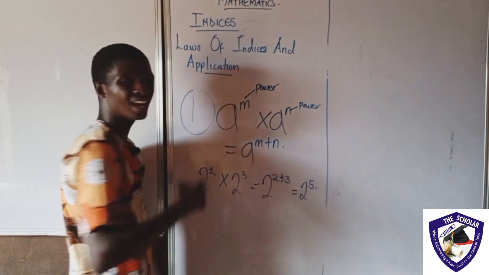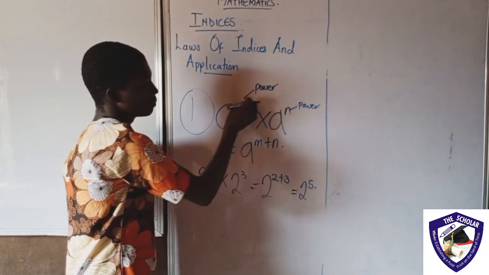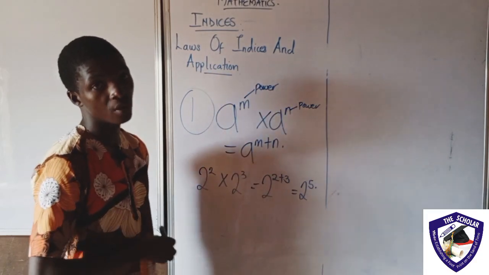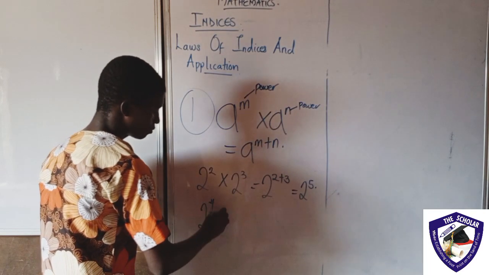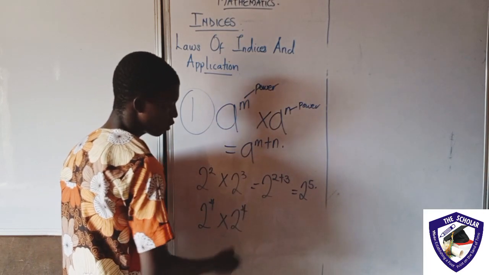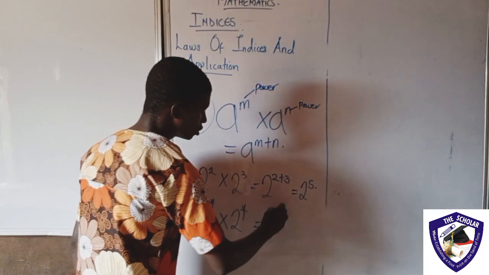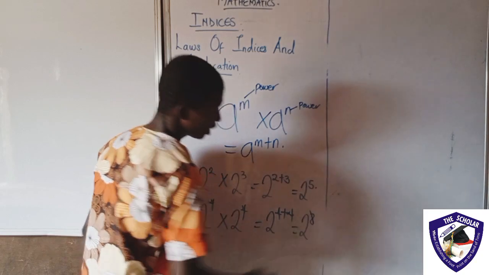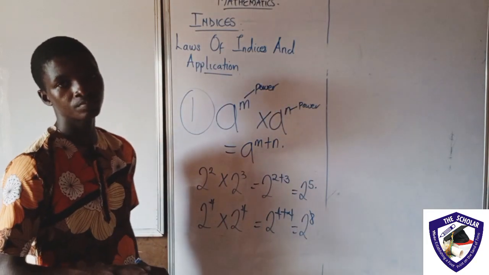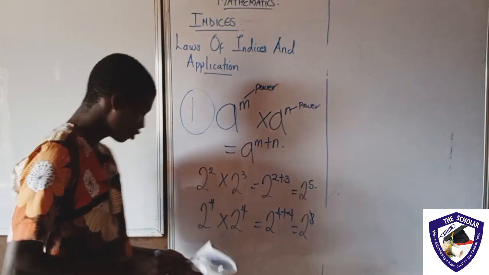It could be any number of different power. At times it could be of the same power. For example, when you have 2 raised to power 4 times 2 raised to power 4, it gives us 2 raised to power 4 plus 4, which is 2 raised to power 8. Still applicable.